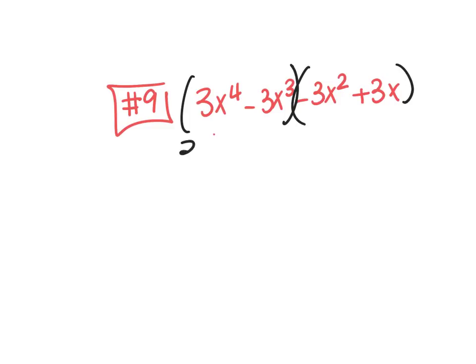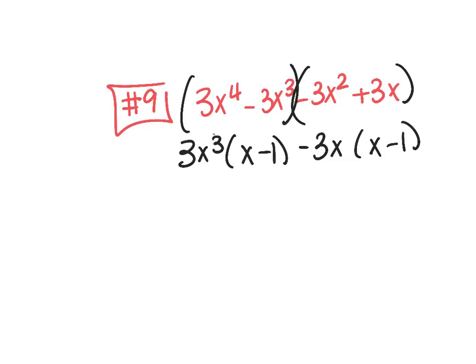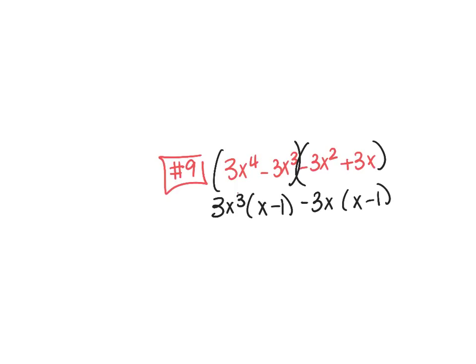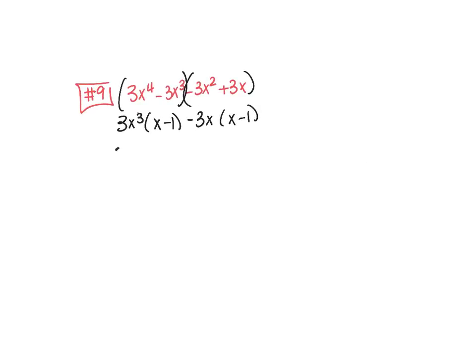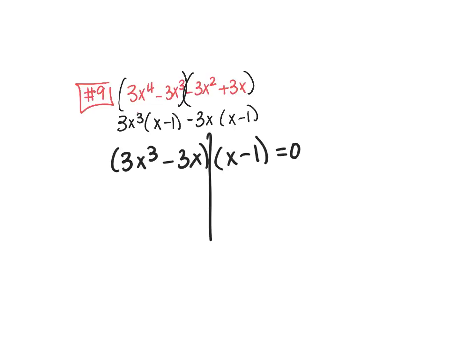So I'm going to take out here a 3x cubed, and I have left x minus 1. Here I'm going to take out a negative 3x. I'm going to have x minus 1 again. Now, I can factor it to 3x cubed minus 3x times x minus 1. And I'm going to set it equal to 0.